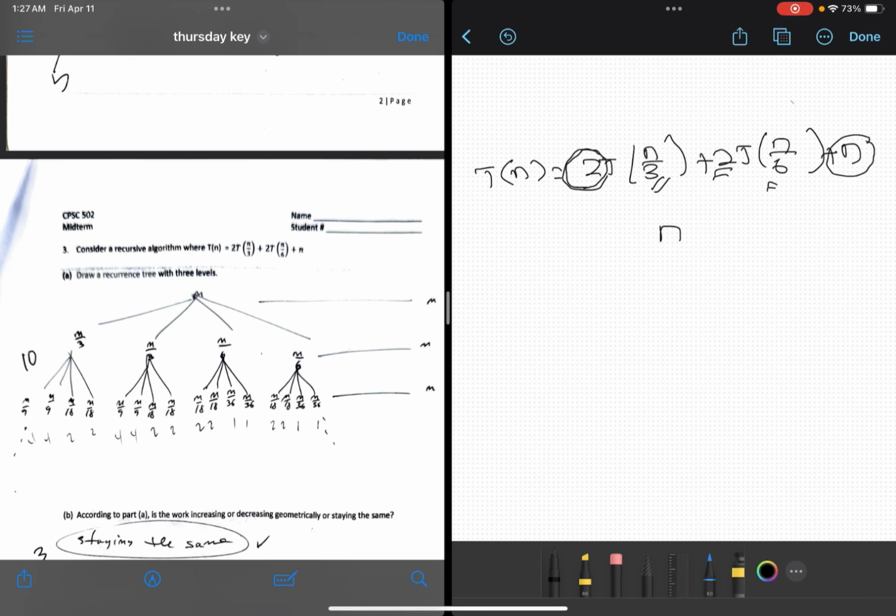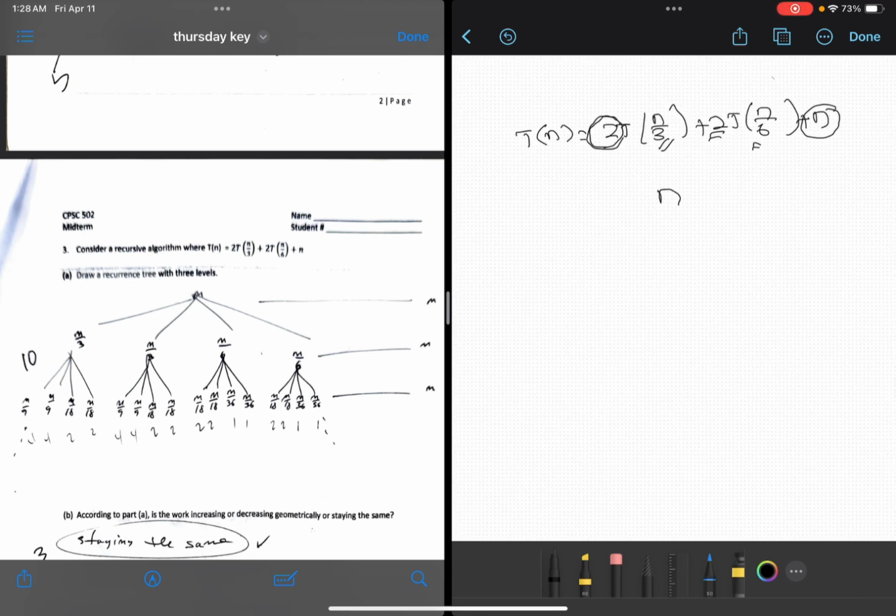And this right here is called work. It's called the actual work done on the 0th level. If this was 2n or something like that, I would put a 2 here, but it's just n, so I'm going to stick with n here. We are going to have to draw a recurrence tree, and let's do that. As I said, the coefficient here will determine how many branches there are.